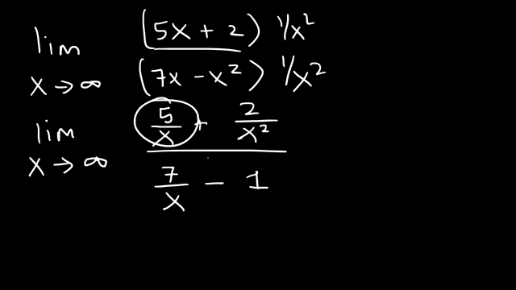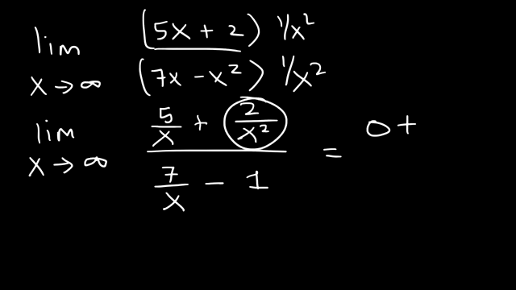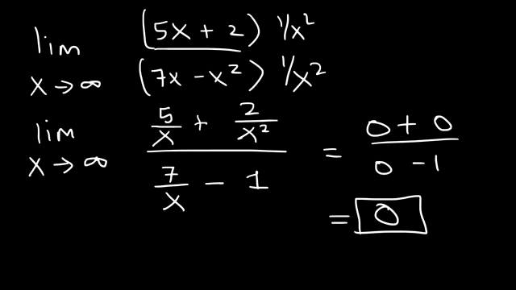So this expression turns into a 0 because it's bottom heavy. Same is true for this one. That's going to be 0. And so 0 divided by negative 1 is 0. So the limit approaches 0.